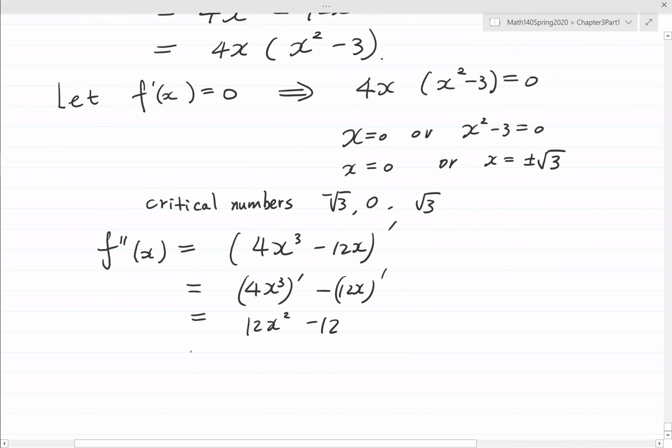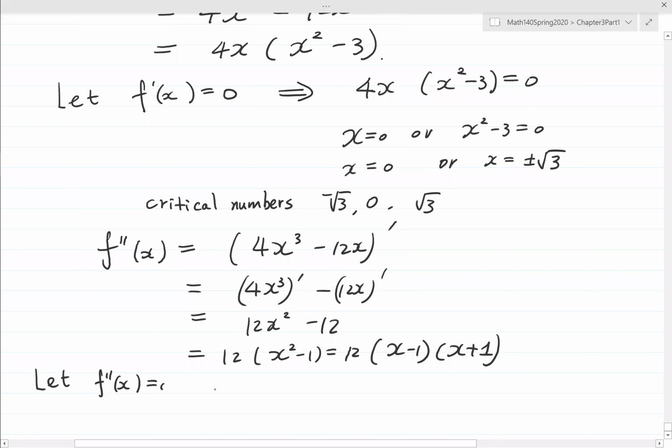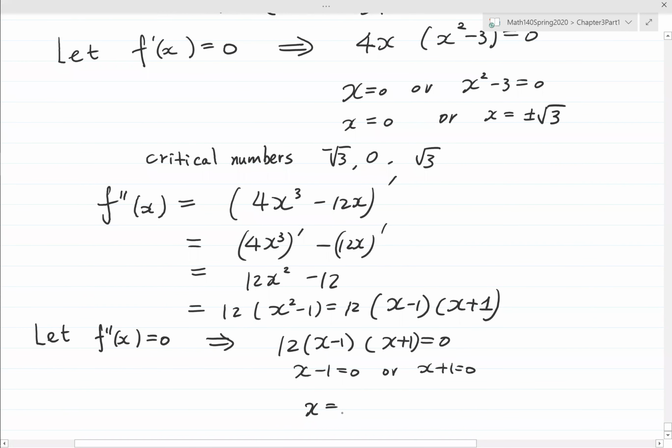If you factor out 12, this is 12 times (x squared minus 1), so 12 times (x minus 1)(x plus 1). Setting that to 0, we have two roots, x equals 1 or x equals negative 1.